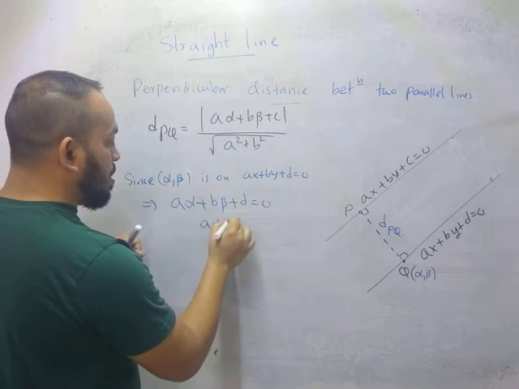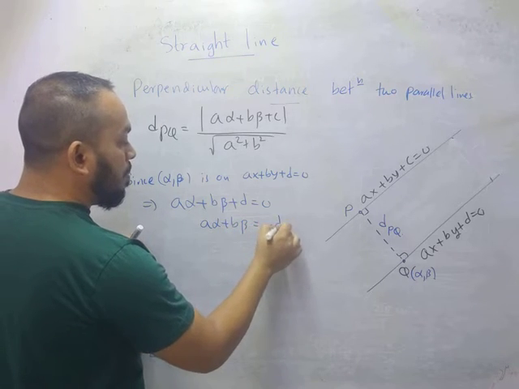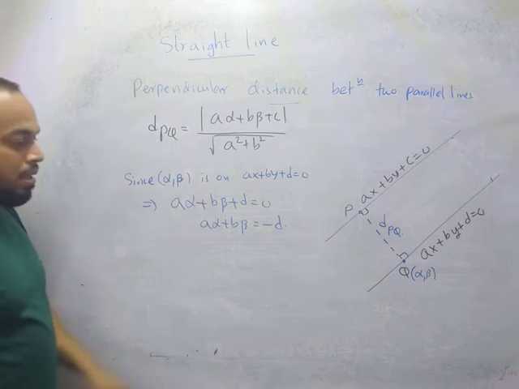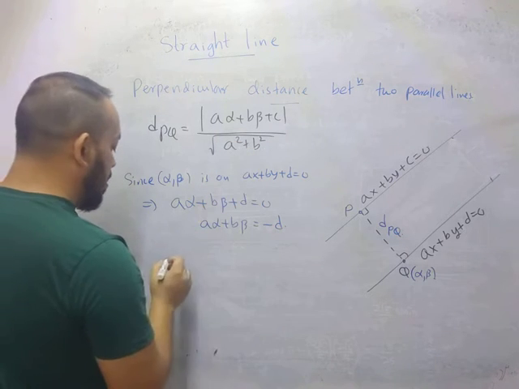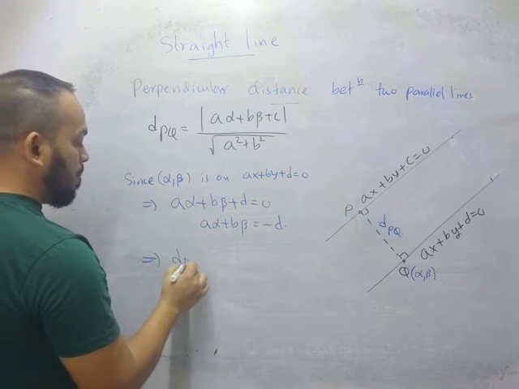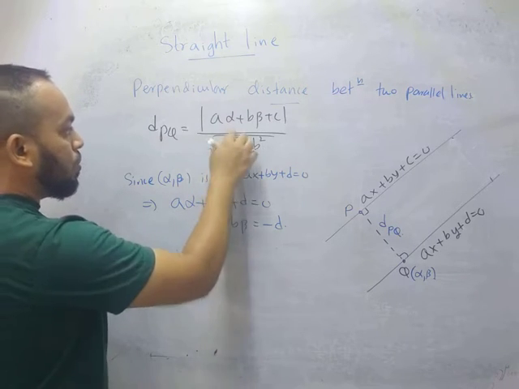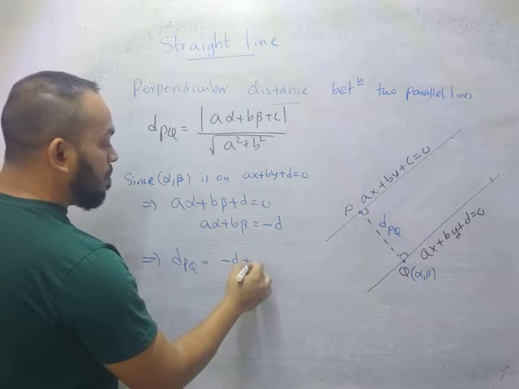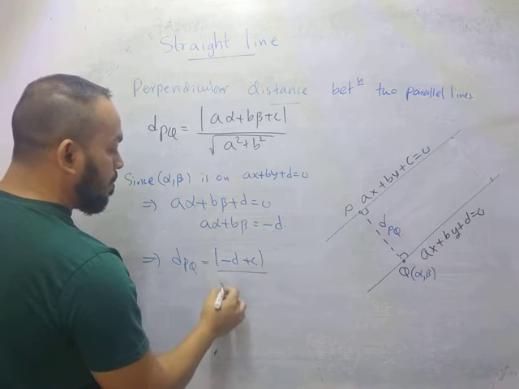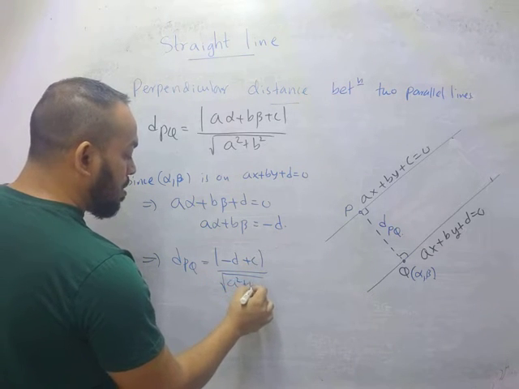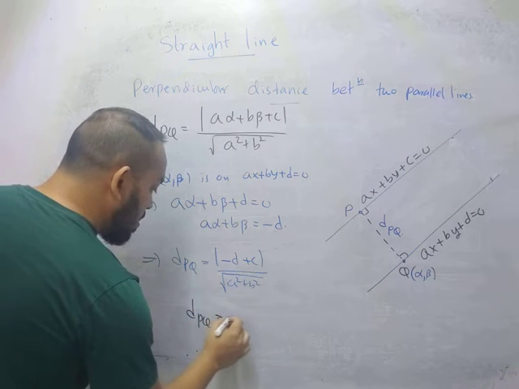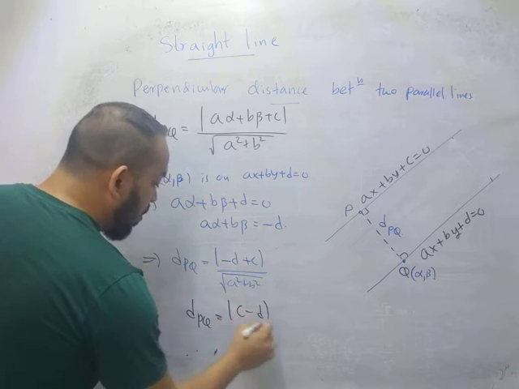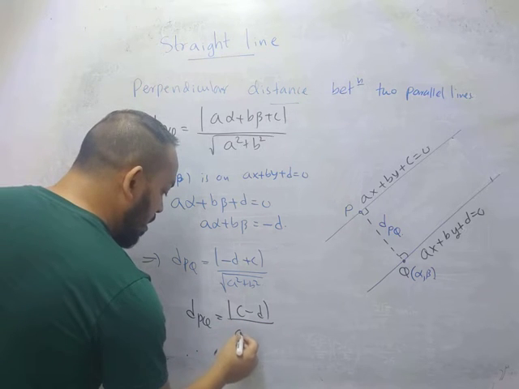So a alpha plus b beta must be minus d. Now I can replace this thing by minus d here. Therefore this implies dpq is equal to minus d plus c divided by the square root of a squared plus b squared. So dpq is c minus d or d minus c, whatever it is, over the square root of a squared plus b squared.